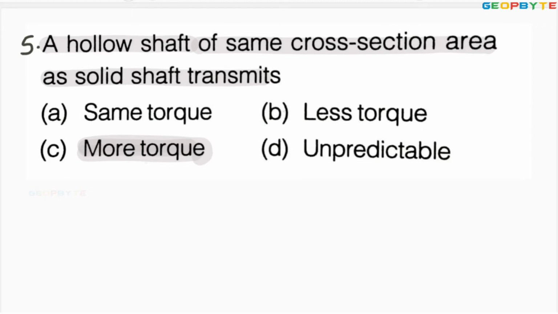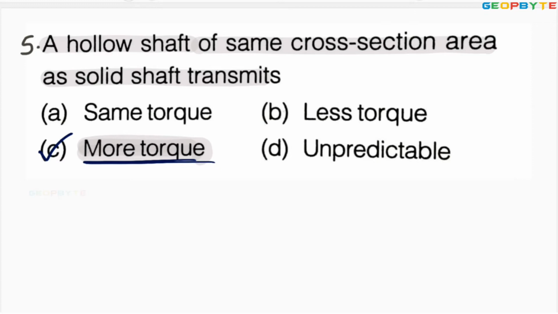This is the practical reason why the majority of the shafts for transmitting more power are used with the hollow cross section. Anyhow, for the same cross-sectional area, the hollow shafts generally transmit more power or more torque than the solid shaft. Option D is absolutely correct.